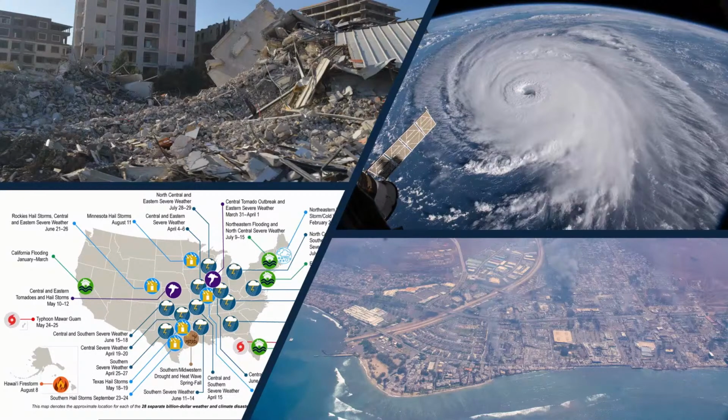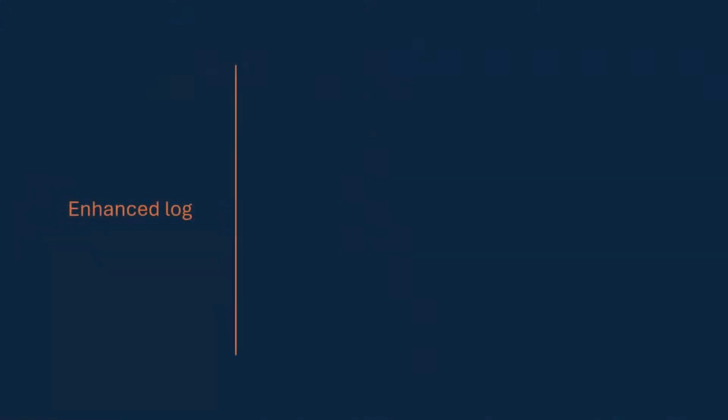These are the billion-dollar natural disasters that happened just in the United States in 2023. Every one of these things, whether it's a wildfire or a flood or a tornado or a giant snowstorm, each one represents at least $1 billion worth of damage. And SR is here to protect you from that, to give you continuity, to make sure that your place can keep running.